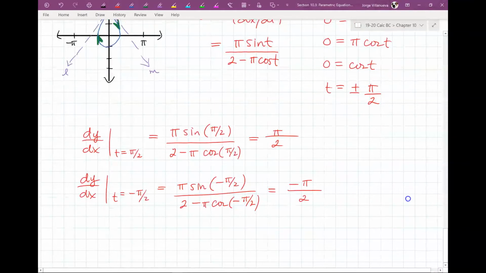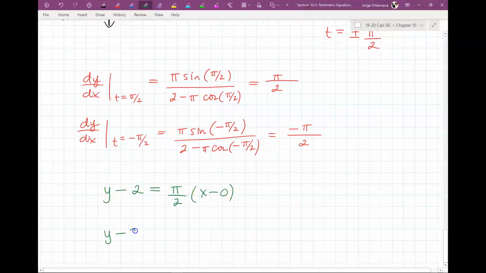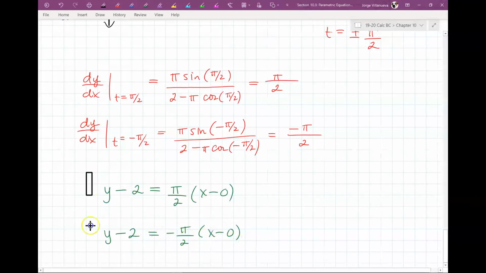So to write the formulas out, let me write the first one. y minus 2 equals pi over 2 times x minus 0. The other one will be y minus 2 equals negative pi over 2 times x minus 0. I know I can simplify that, but we'll just leave it like that for now.